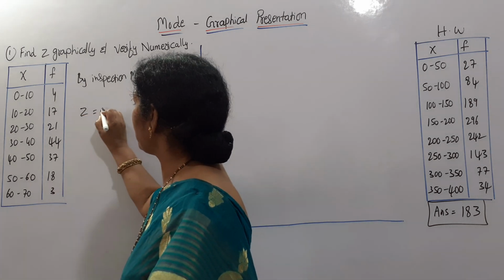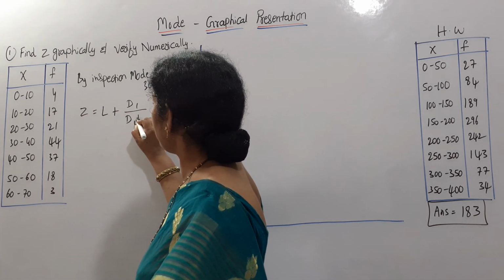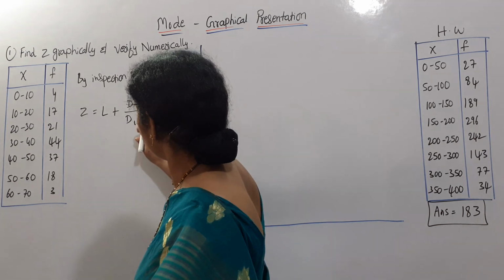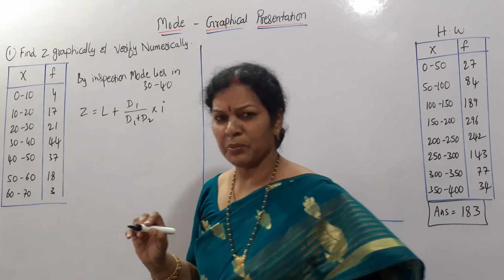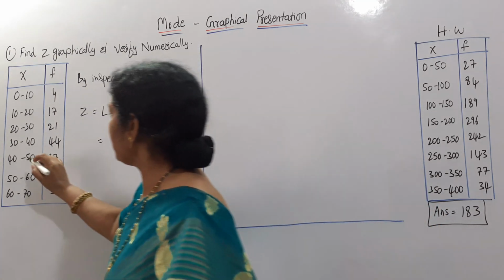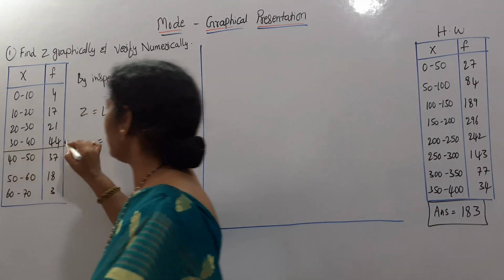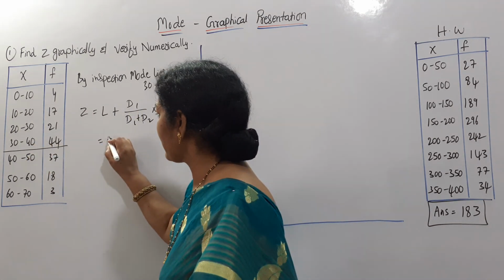What is the formula? Z is equal to L plus D1 by D1 plus D2 into I. Remember the formula? So now here L is here, mode lies in between 30 to 40. So I can draw one line here. 30 to 40 means L is 30, lower class interval.